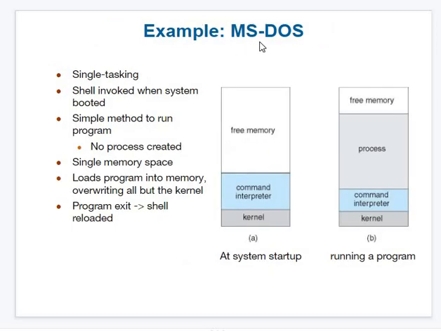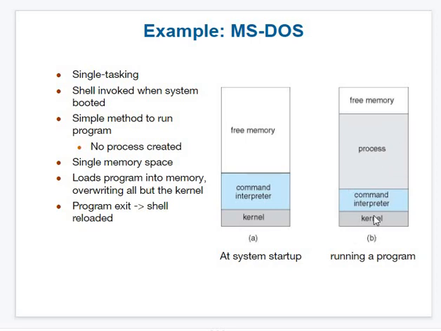Okay, so in MS-DOS, Microsoft disk operating system, what happens? There is a kernel, there is a command interpreter, then there is free memory. Assume that free memory is more, that means there is no workload. Some processes will get created, and as they get created, they use some space.